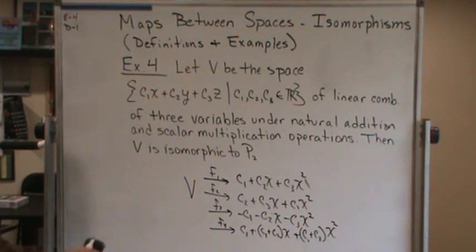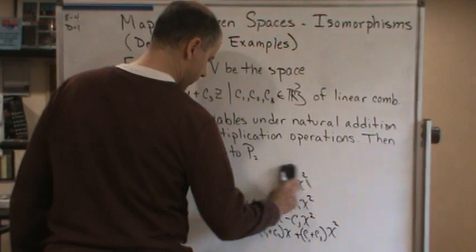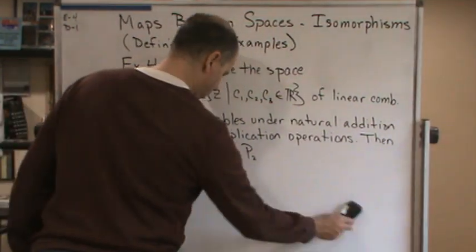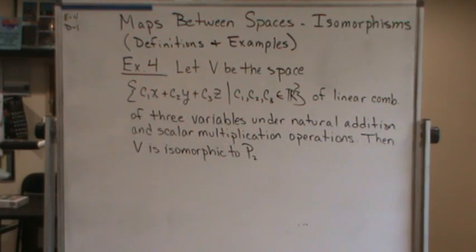So let's start with 1. So now condition 1 is we want to show that the mapping is both 1 to 1 and onto.